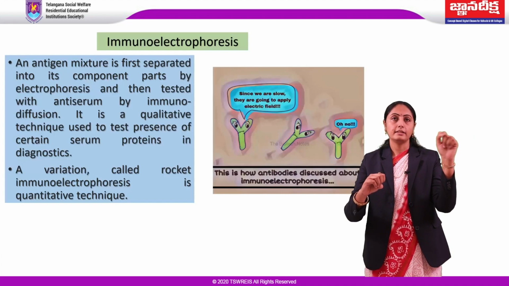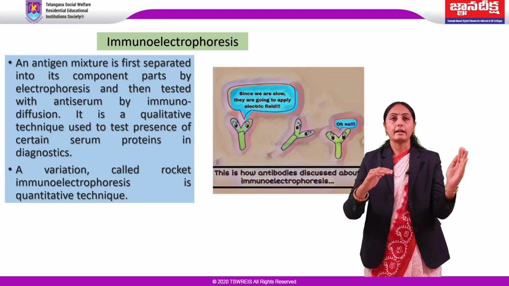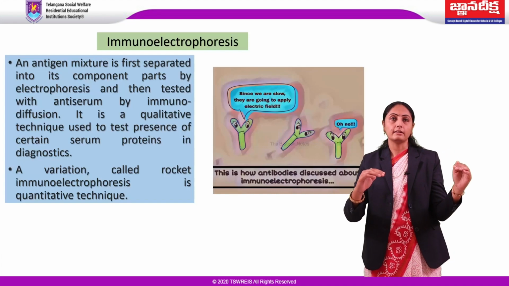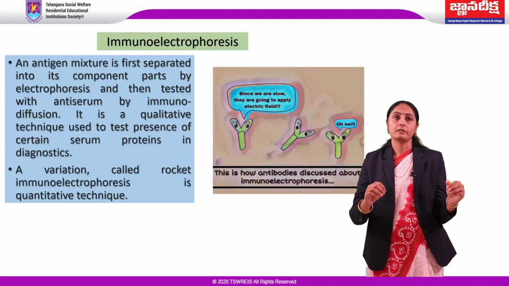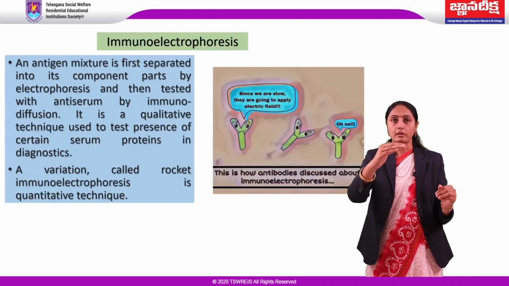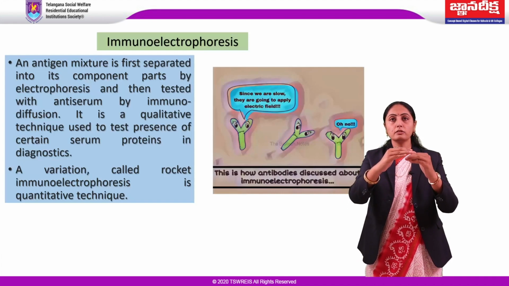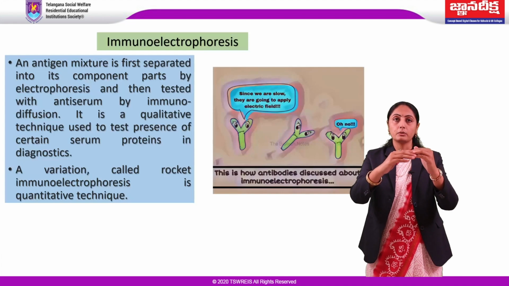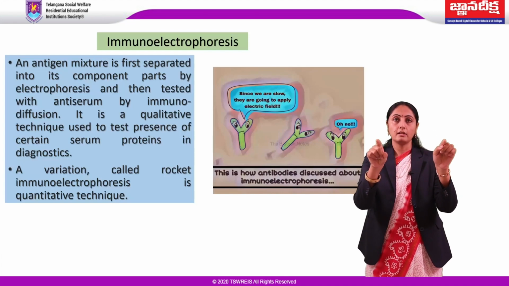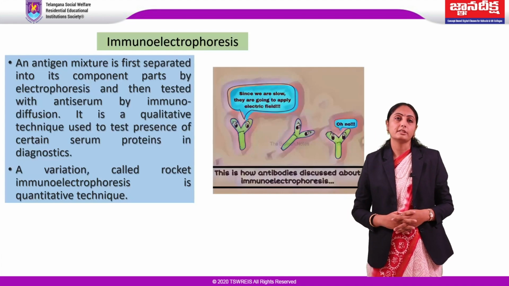Troughs are then cut in the gel parallel to the direction of the electric field. Antiserum is added to the trough. Antibody and antigen diffuse towards each other and produce lines of precipitation where they meet at optimal ratio.